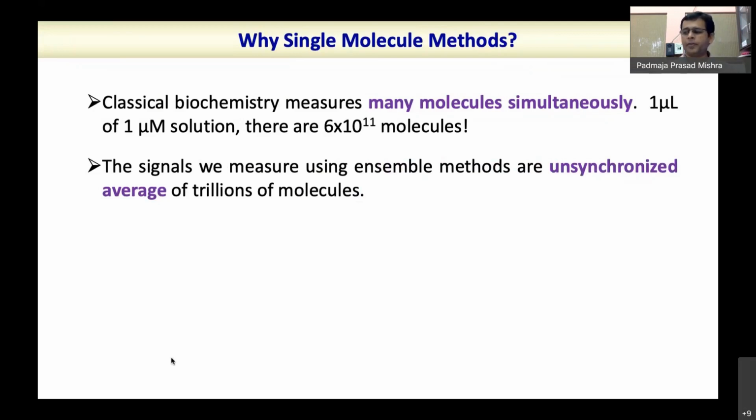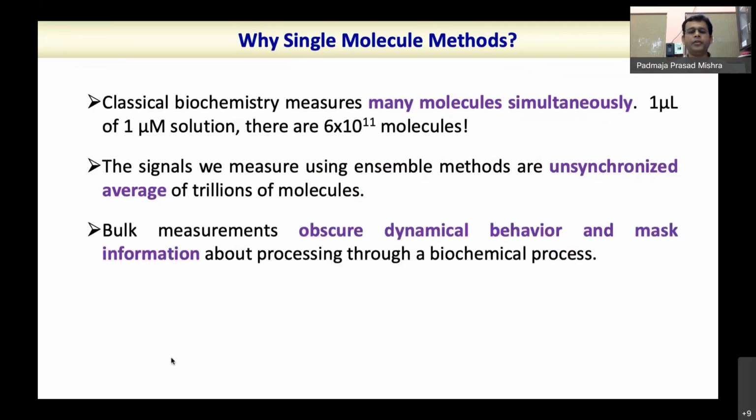And because it's the unsynchronized average over trillions of molecules, many times we observe obscure dynamical behavior, and much of the information we receive is kind of masked. We do not get the right information from those measurements.